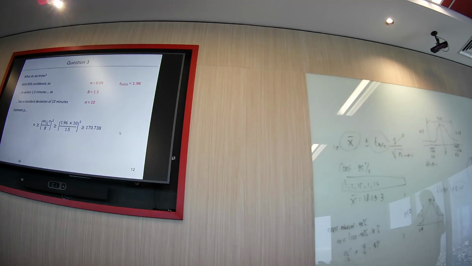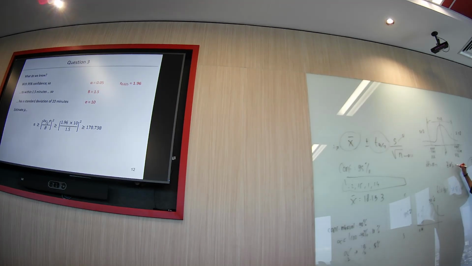This is 3 decimal places. How do we get 1.96 from the Z table, where the alpha is 0.025? Z alpha over 2 is 1.96 for the 95% confidence interval.